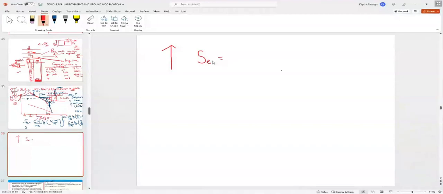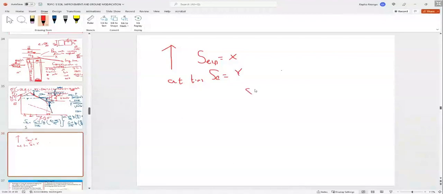So we know the final settlement by a certain amount, x. Now, at a given time t, there'll be a settlement, y.